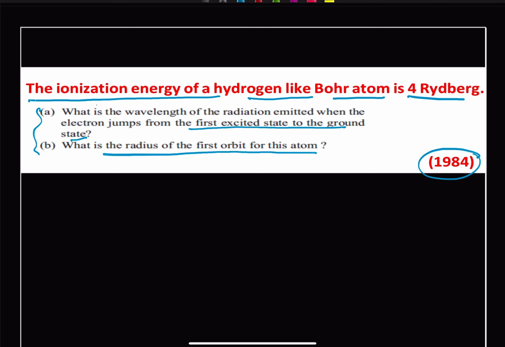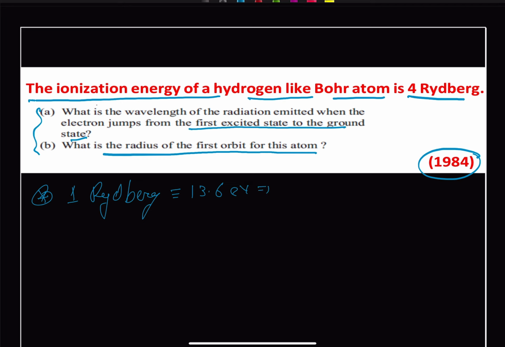And the ionization energy is given as 4 Rydberg. We are going to convert it into electron volt. And we know that 1 Rydberg is equal to 13.6 electron volt.